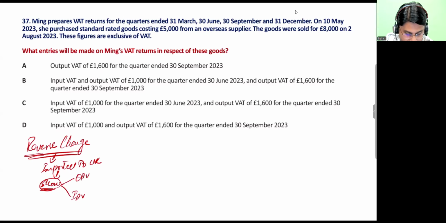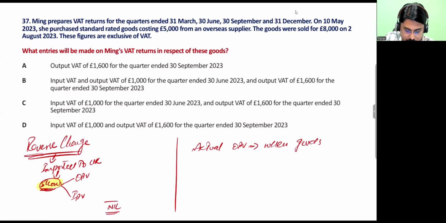It's just not actual, just show on your return. Reverse charge says that when any person imports anything to UK, then charge a tax on himself or herself as output VAT and claim the same input VAT. Means the net impact will be nil, and actual output VAT will be calculated and paid when goods are sold in UK.